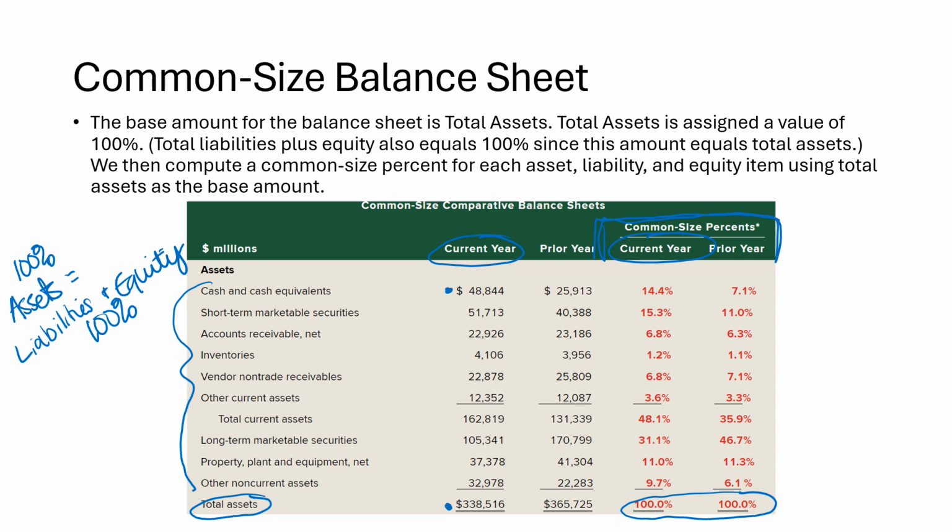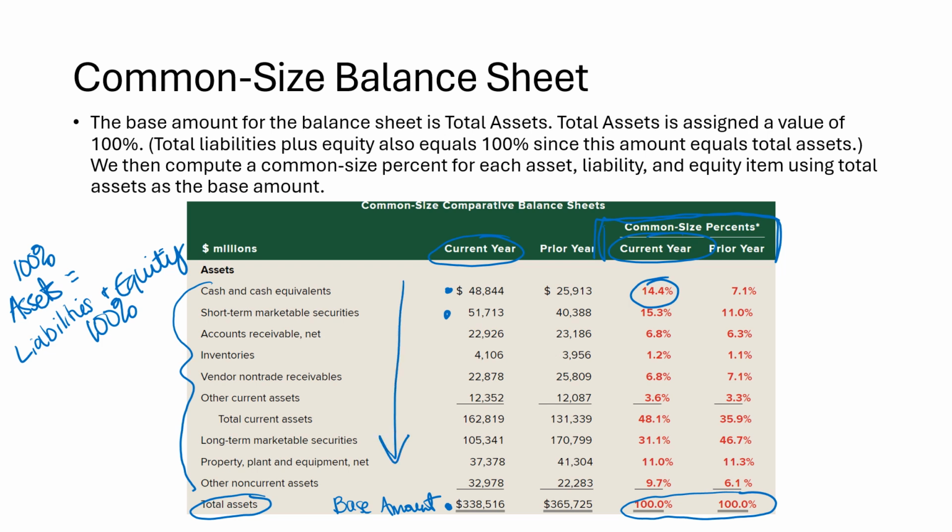We're going to take the 48,844, divide that by the base amount, which for a balance sheet is total assets. So divide that by 338,516, and that gives 14.4%.